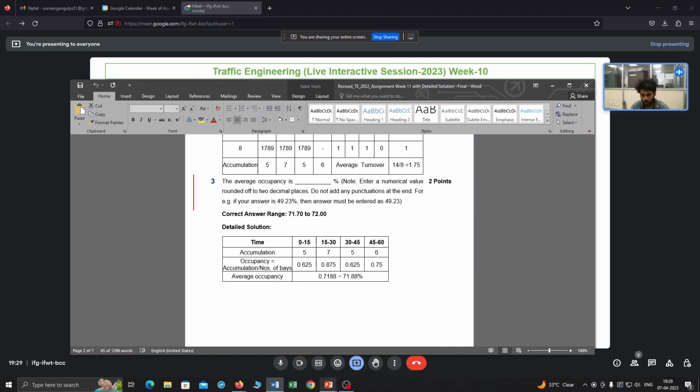Okay, so there is a mistake actually. So it has to be calculated the occupancy for each 15 minutes, not only this, it is 5 by 8. Actually, let me just erase it.